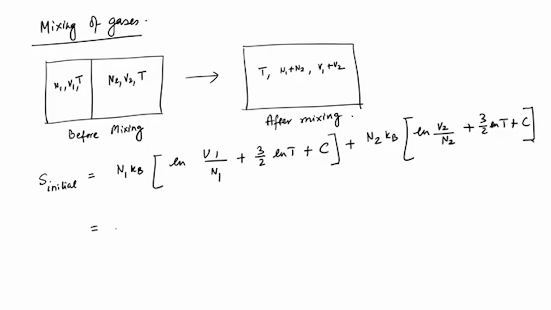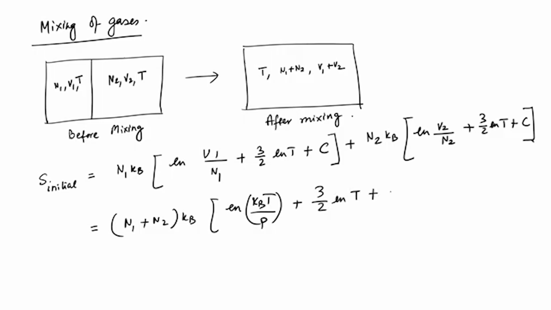So, we can simply add them up, and what we get is N1 plus N2 times k, and then we have a log of, now what we do is that we replace V by the equation of state, which is PV equal to NkT, and then we have this as kT over P. So, this is replacing this, and then we have 3 by 2 ln T plus some constant.